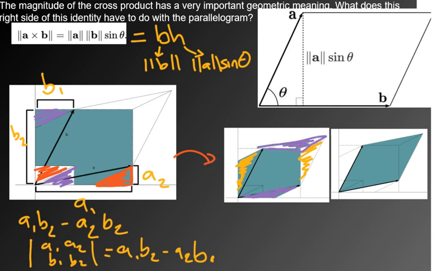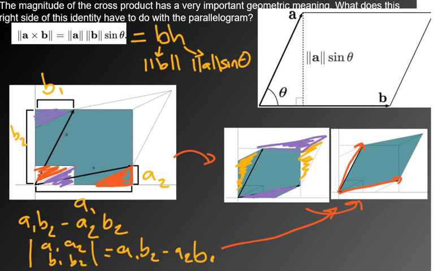So I could remove this, and I could get that last region right there. So really, this determinant is actually representing the area formed by this parallelogram. And if you take the magnitude of that cross product, it is going to give you that area.